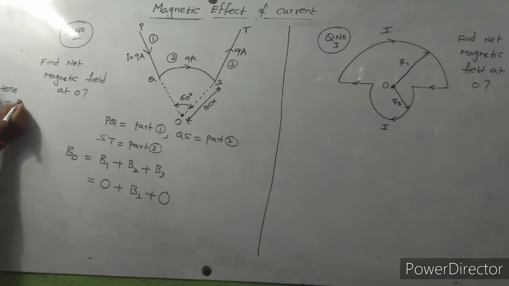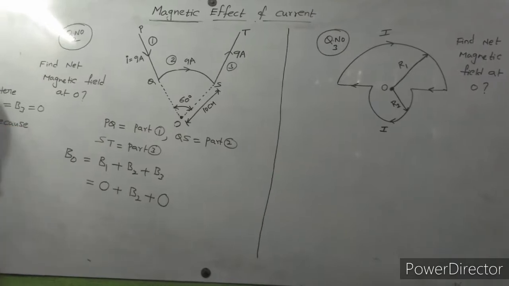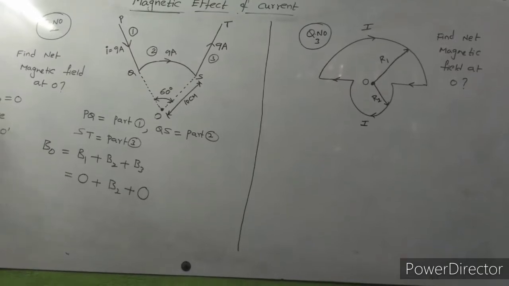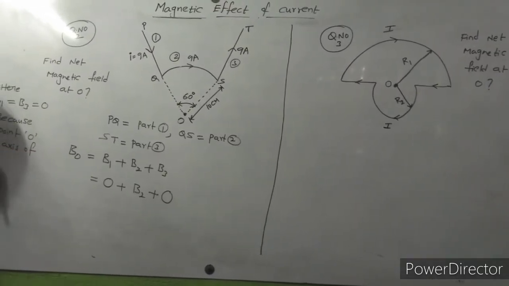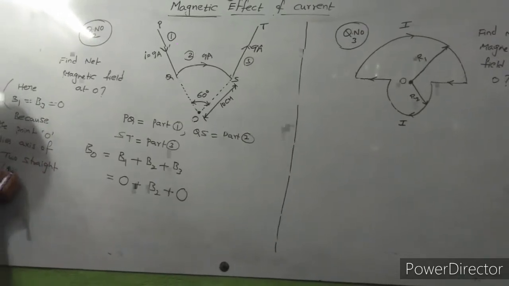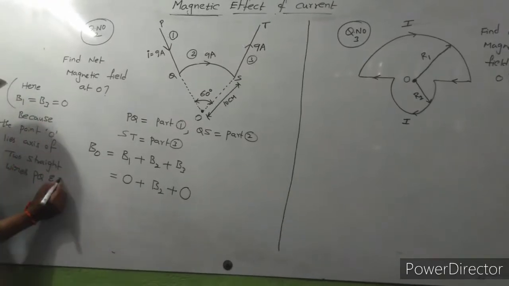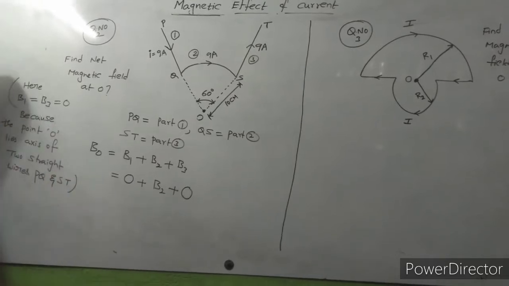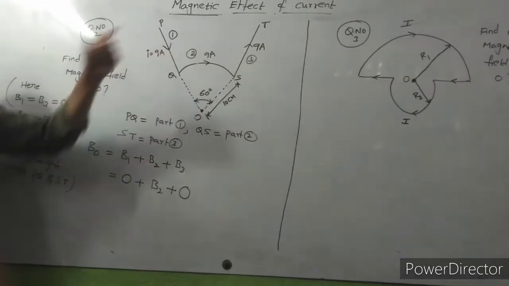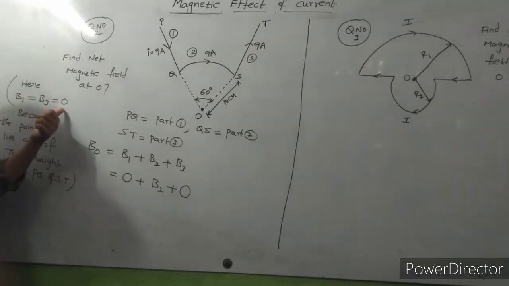B1 is equal to B3 is equal to 0 because the point O lies on the axis of the two straight wires PQ and ST.